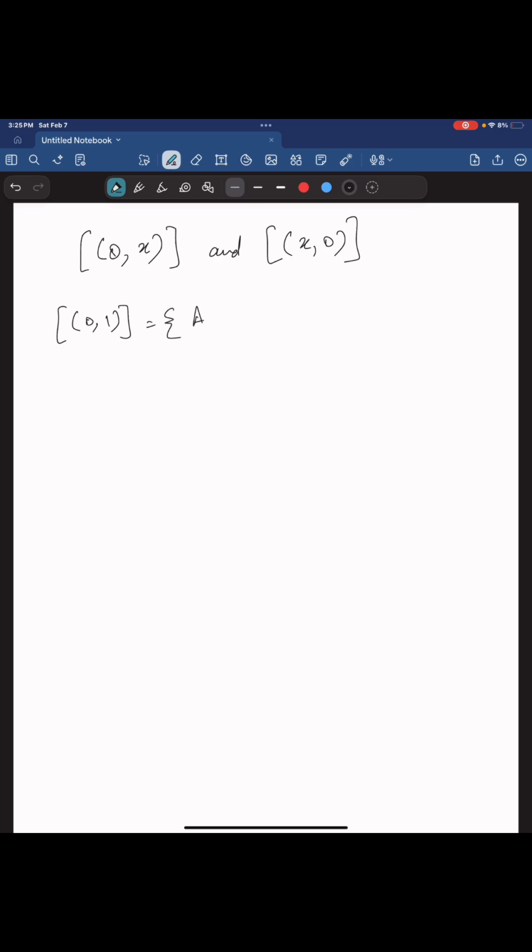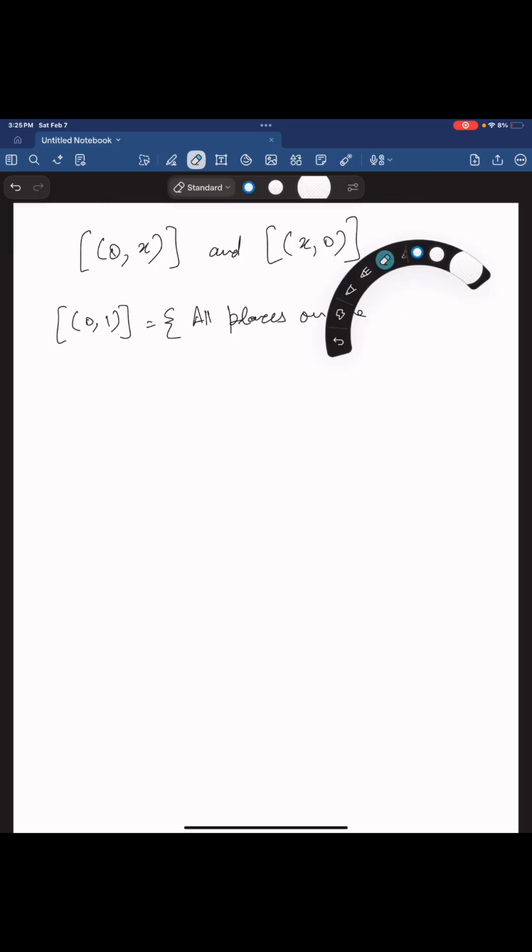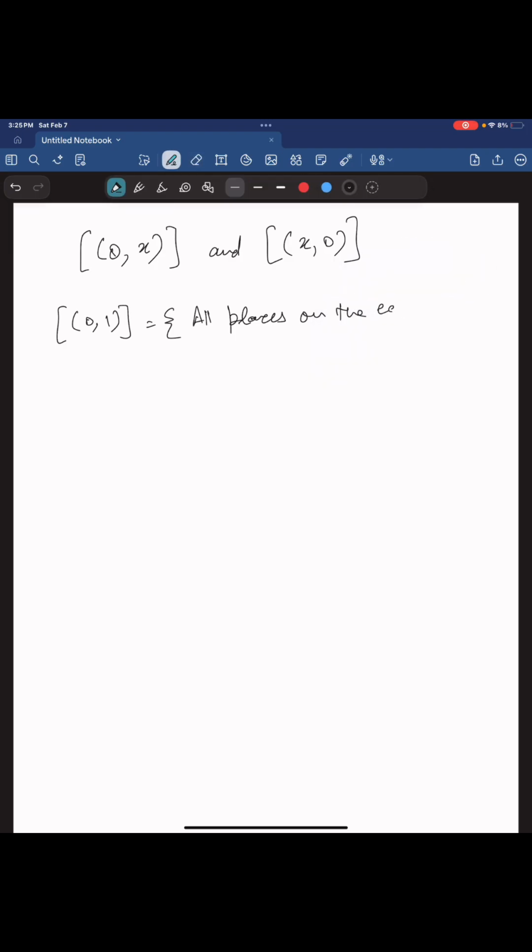The equivalence class of (0, 1) would be all places on the earth where the sun rises 1 hour after UTC plus 0.